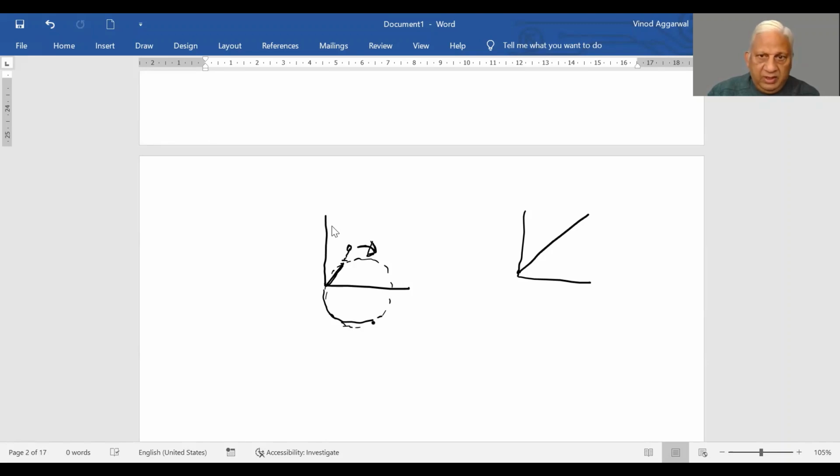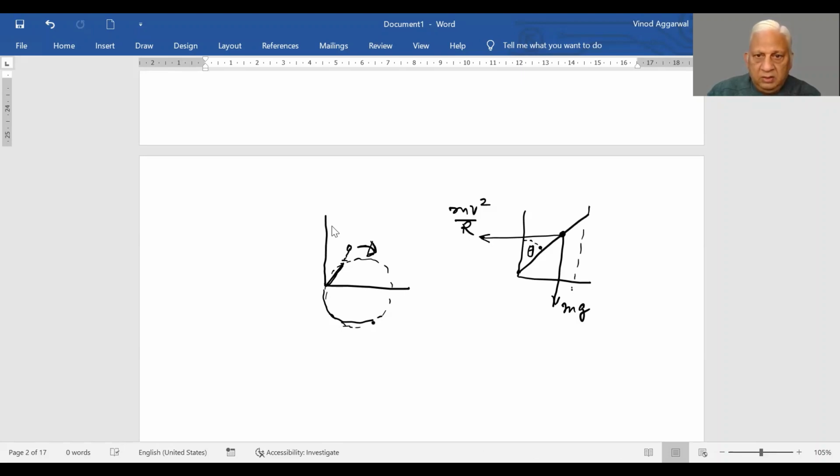Let's say you are making angle theta with the vertical. Then let's see what are the forces acting on the cyclist. One is the weight, another centrifugal force, which is equal to mv square by r, we have seen earlier.